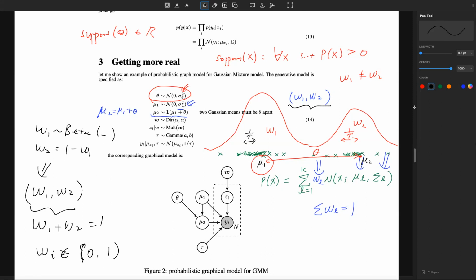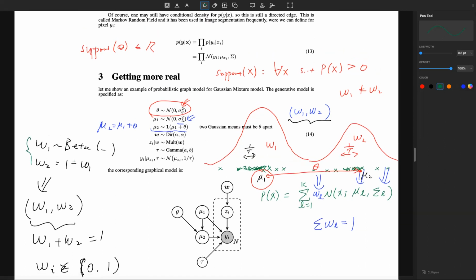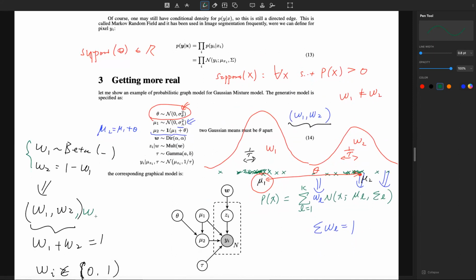All right, so let's make it harder. What if you have 3 dimensions? There are 3 mixtures. Then what? You can't use beta anymore. In fact, you can still use beta, but there's a trick I want to tell you. Imagine that you have 3, and W1 plus W2 plus W3 equals 1. What kind of distribution would it be? It's a Dirichlet distribution.